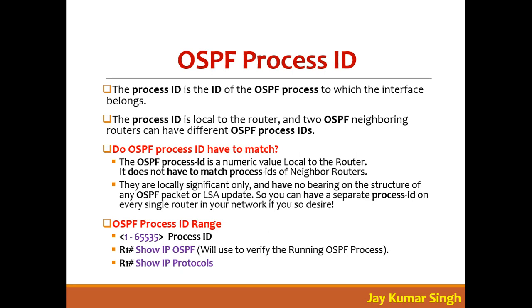Like if you have one router here, just take the example of RIP. Suppose this is a router, how many RIP processes can you run? Only one RIP, right? Either RIP version 1 or RIP version 2. But in EIGRP you can run multiple EIGRP processes on a single router, meaning multiple EIGRP with different autonomous system numbers.